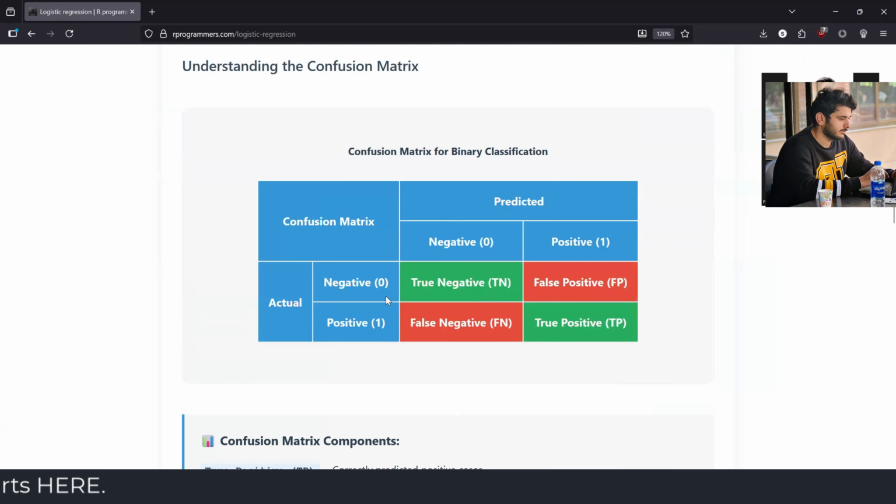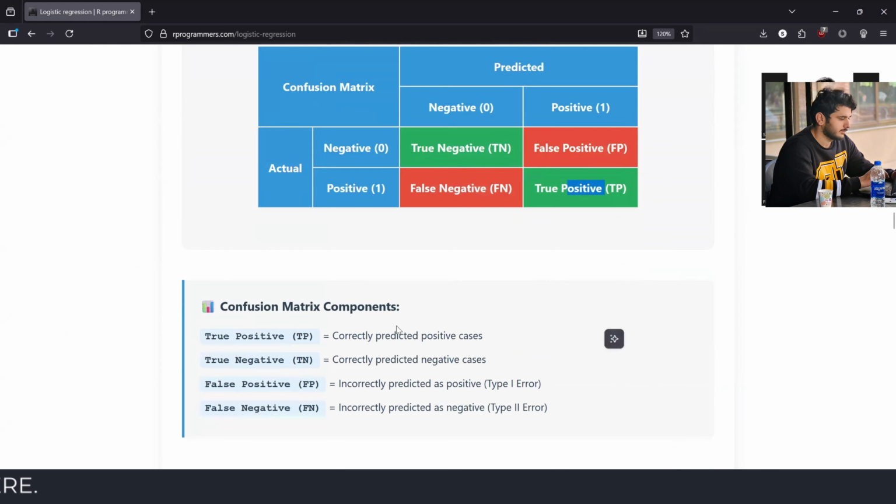Whatever goes in this block and this block is correctly classified, and these two are wrongly classified. Whenever we create a confusion matrix, we will have a block of four values: true negative, false positive, false negative, and true positive. True positive means yes, they have the disease and we also predicted a disease. True negative means they don't have a disease and we predicted correctly.